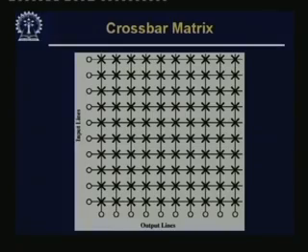Let us first have a quick look at a crossbar switch. A crossbar switch is very simple. What do you have in a switch? You have n input lines coming in from one side and n output lines. You have to connect some of the lines. Let us say I want to connect this particular input line to this particular output line.